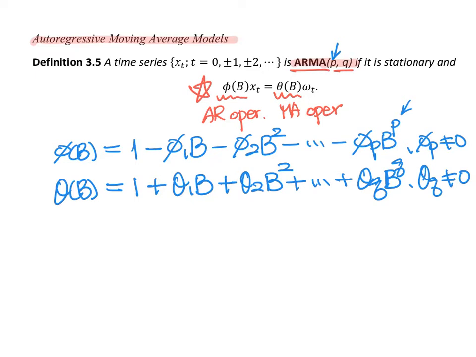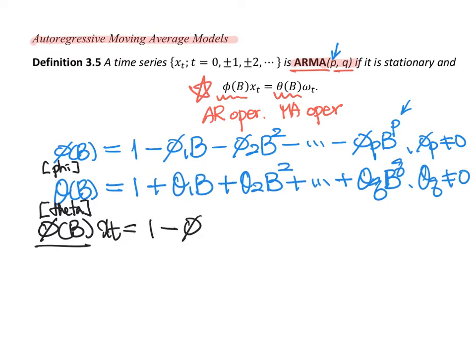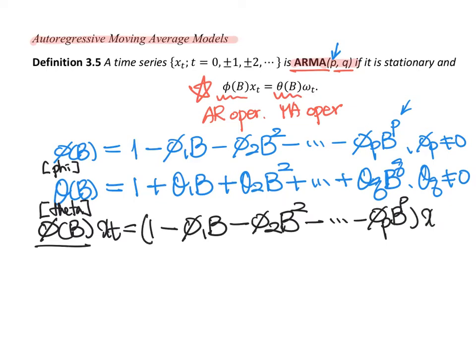So now we just take the multiplication. Phi is this Greek letter, and this one is theta. So phi of B times x t will be 1 minus phi 1 B minus phi 2 B squared, up to phi p B to the p, times x t.